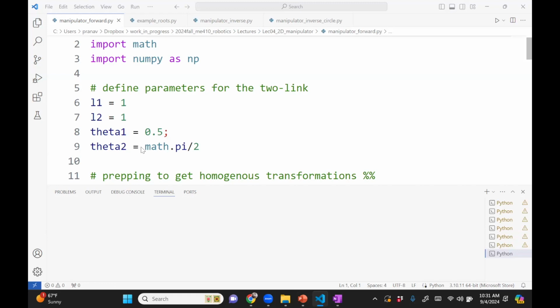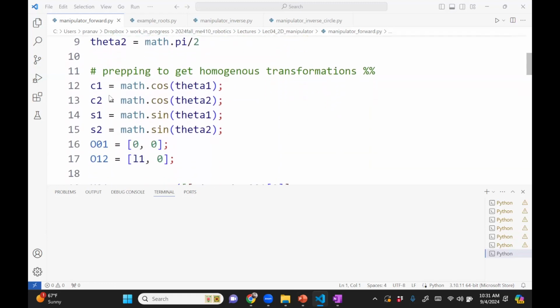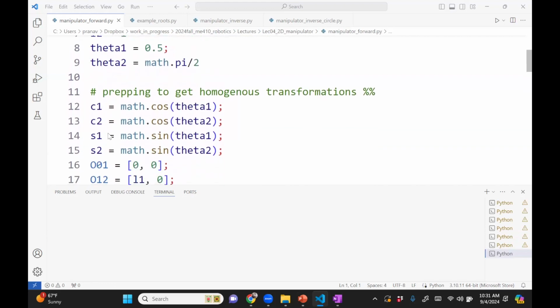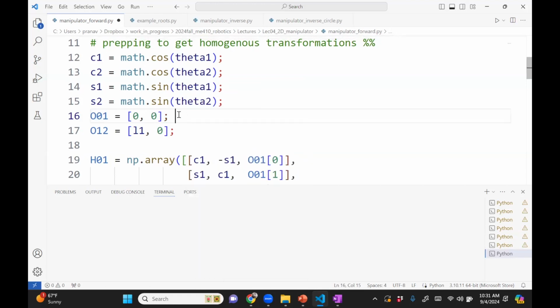I just put some angles, theta 1, theta 2. Just to make my life easy, I used C1, C2 to denote cosine theta 1, cosine theta 2. You can see when I write something like O01, it means the position of point O in frame 1. We put a comment here: position of O in frame 1.